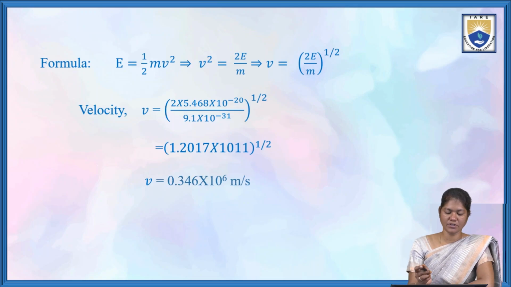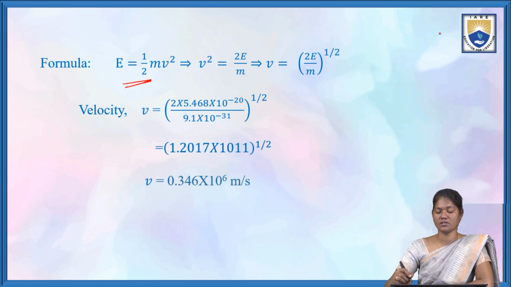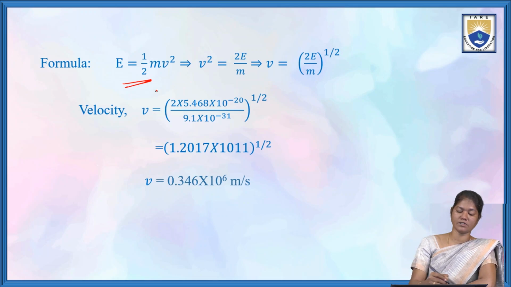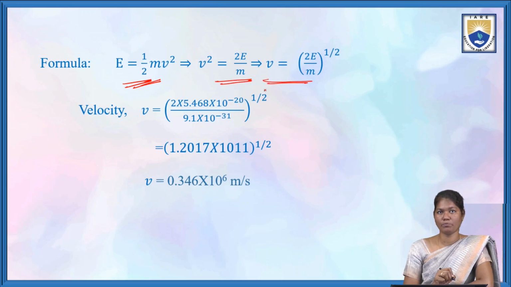From this kinetic energy, we are going to find the velocity. As we know, kinetic energy is half mv square. So E is equal to half mv square. From that, V square is equal to 2E by m, where V is equal to 2E by m whole power half.